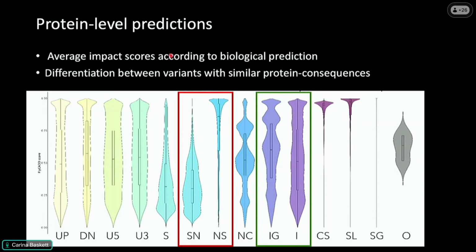So what is important is that CAT doesn't only work on coding regions, but it also works for non-coding regions. So what you see here in the green box is, for example, the score distribution for intergenic regions and for intronic regions. And you can see that it's all over the place. So some nucleotides that are in intronic or intergenic regions have a very high predicted impact.